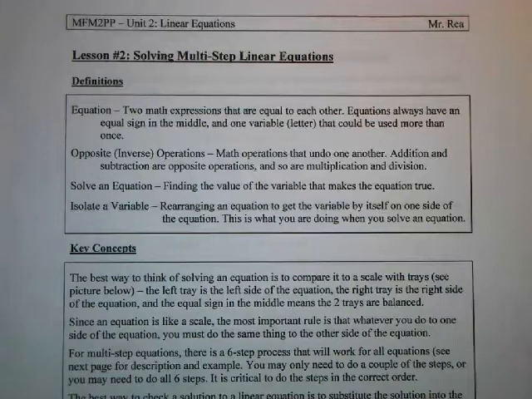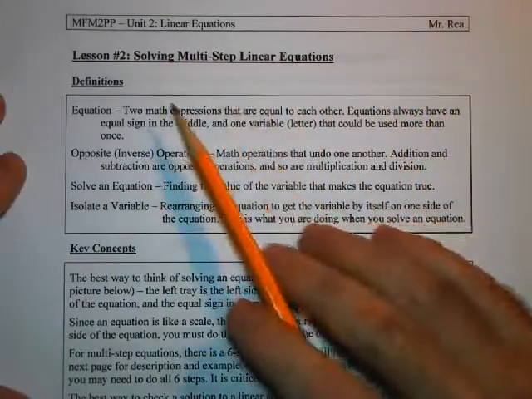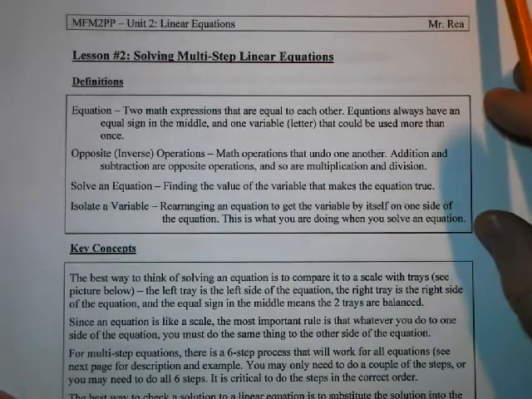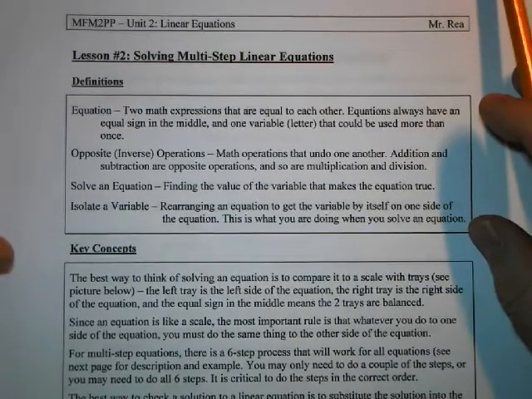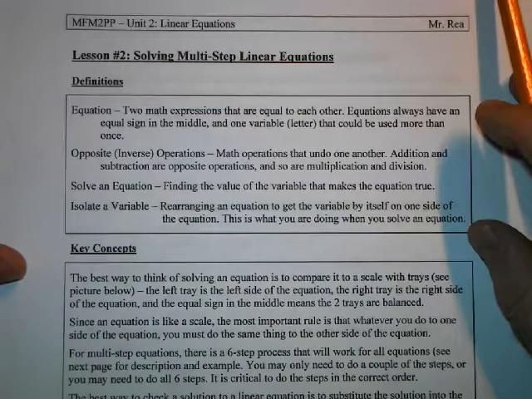We're going to continue with our linear equations unit, and continue on from where we left off in lesson 1, which was solving 1 and 2 step linear equations. So hopefully that helped you solve some of the simpler linear equations where there's one or two steps to solve.